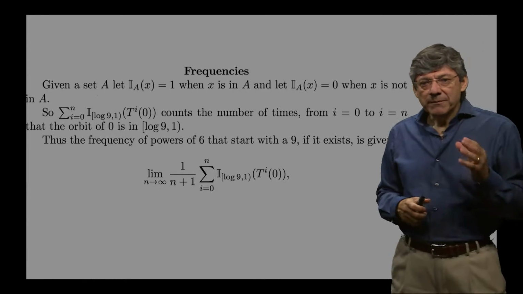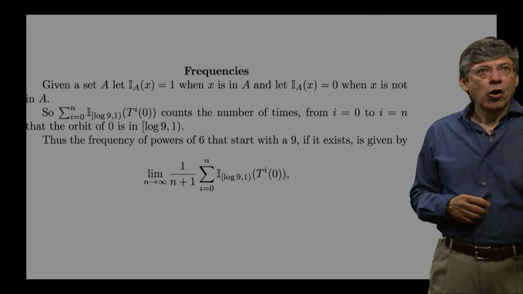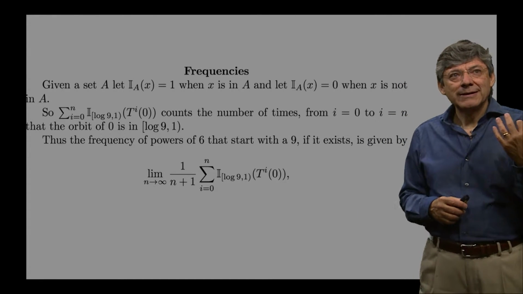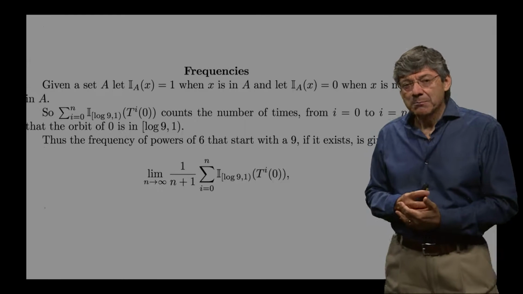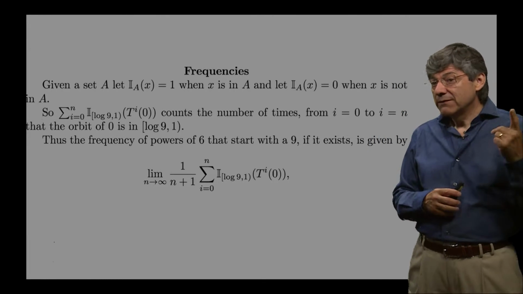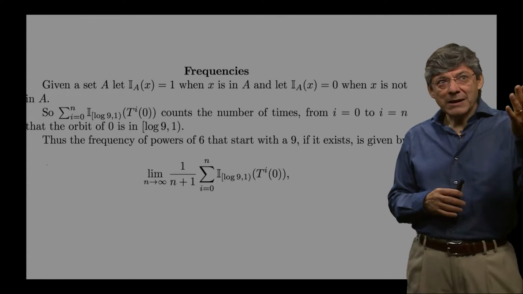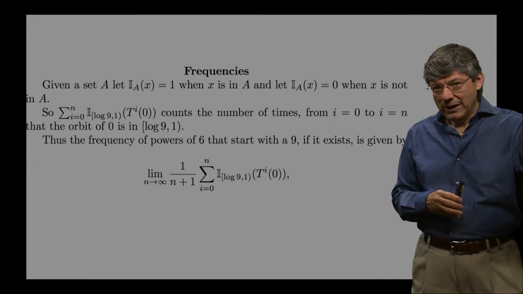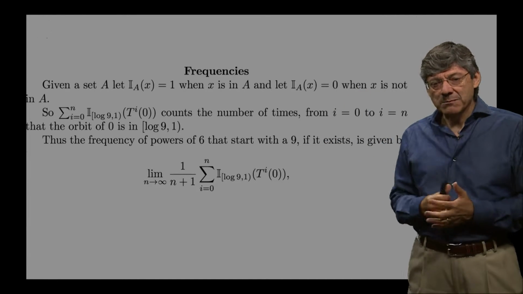So the frequency of appearances of 9 as first digits in powers of 6 will be this limit, if this limit exists. You divide by the number of integers you have seen. From 0 to n, you have n plus 1 integers.